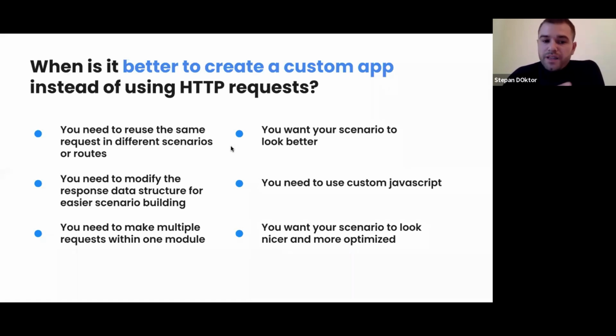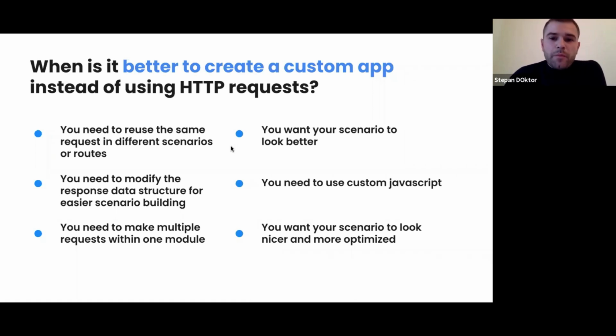Sometimes you need to modify the response data structure for easier scenario building. Let's say you make an HTTP request somewhere and you get back an array of values or something like that, but you need to convert it to a collection first, or wrap it into some other collection.